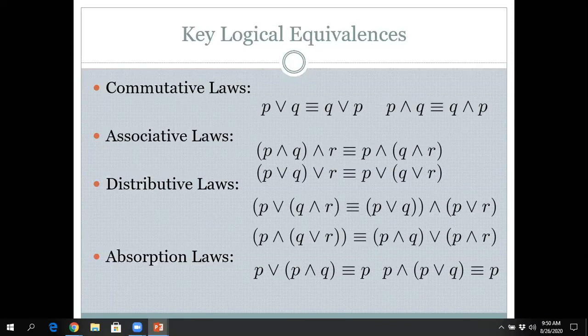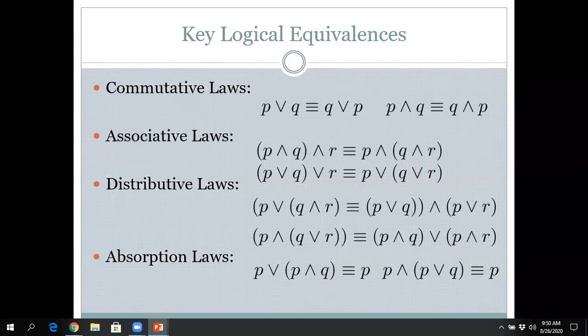Oops, I think I have some stray parentheses right there, but look, there's a distributive law. Basically, you can distribute an or over an and. So P or (Q and R), I can basically distribute that. That reminds you of multiplication distributed over addition, right?